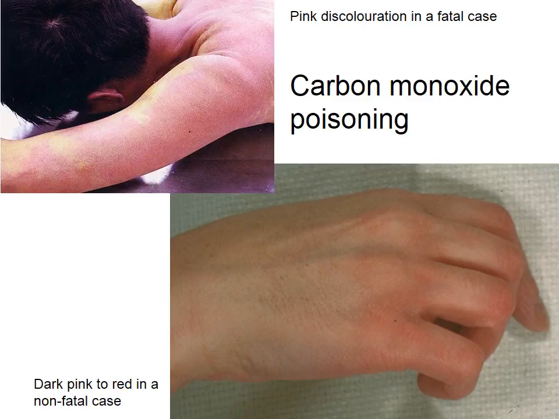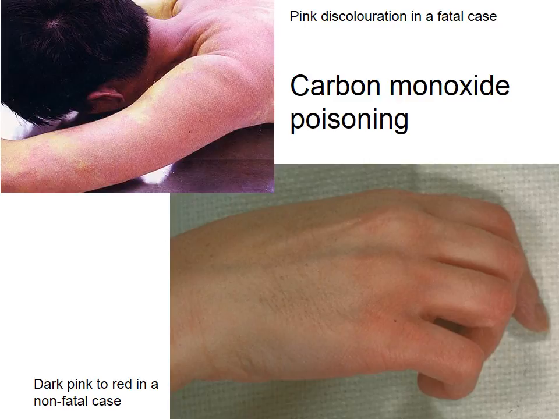Now, the skin discoloration and the discoloration of the lips in carbon monoxide poisoning varies from pink to red. So we're looking for pink or red discoloration. Now, this extreme pink we can see at the top is actually a post-mortem picture of someone who died of carbon monoxide poisoning.